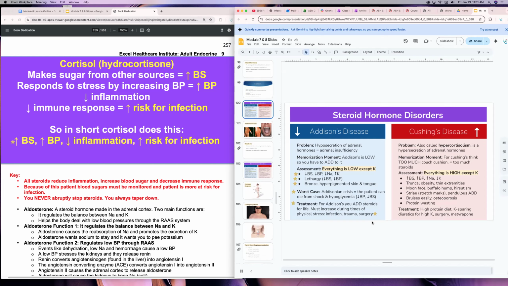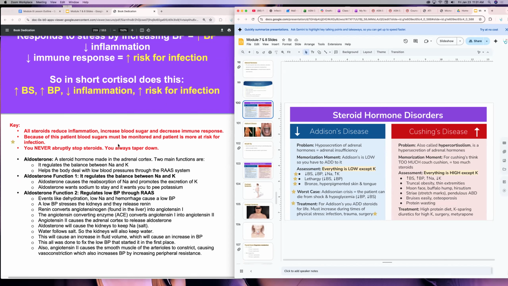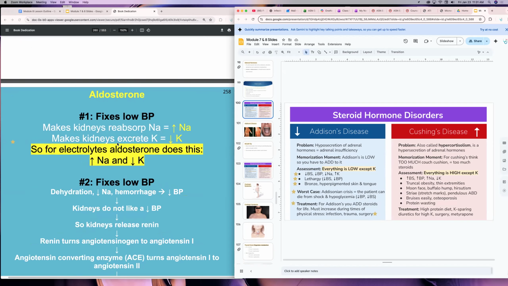And because somebody with Addison's disease doesn't have that same capability, we have to increase their steroids during times of physical stress, and the healthcare provider will determine the dosage. Okay?